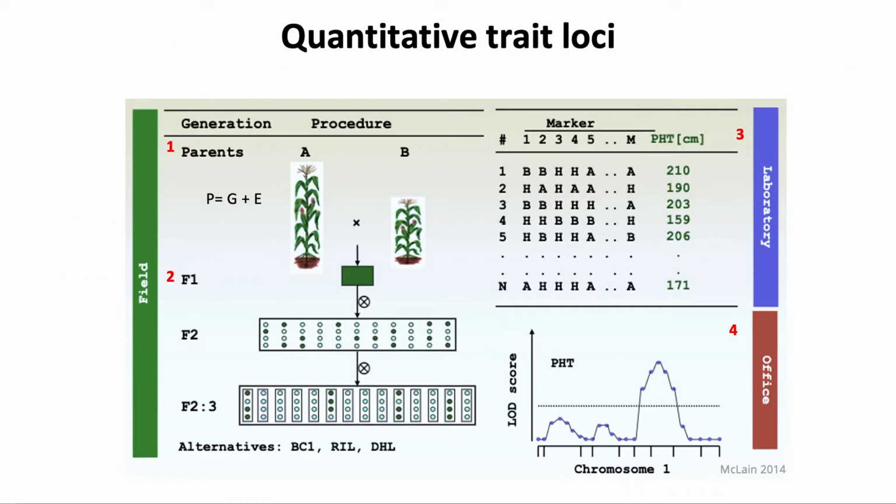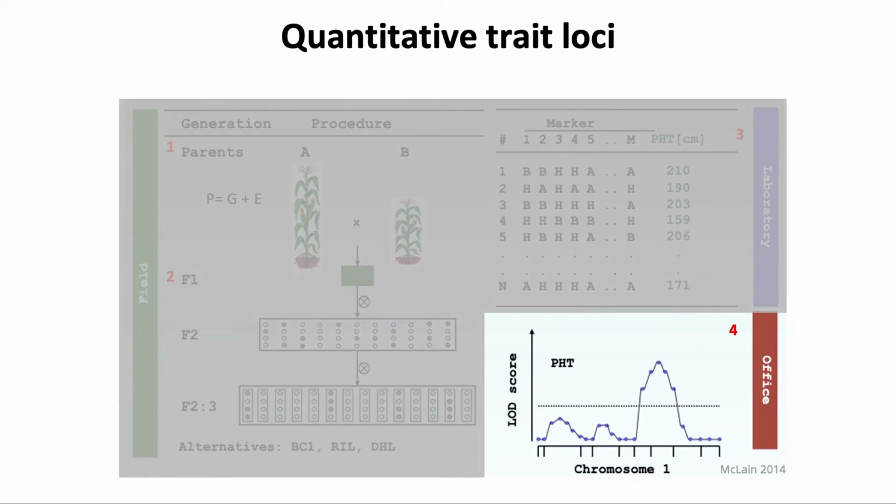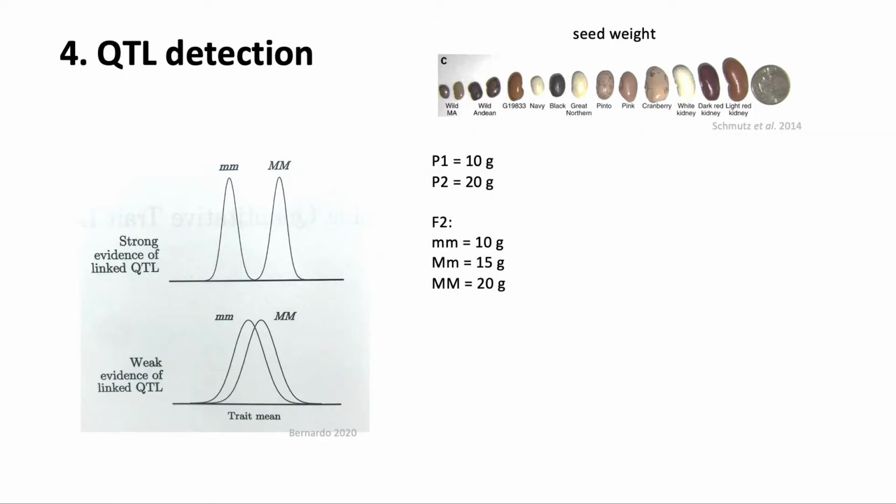Okay, and the last step of the first steps is the analysis of the QTLs. This is a good graphic to see what happens if we have one QTL in the population.